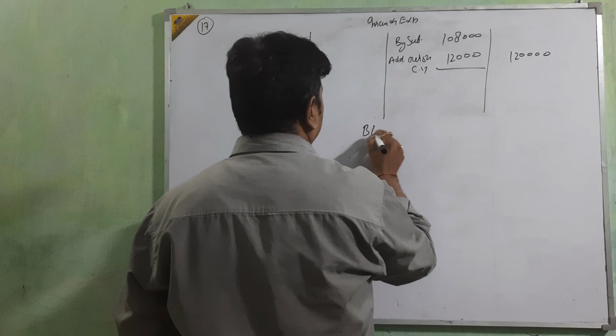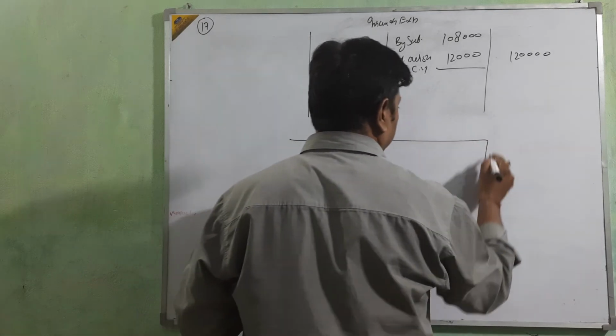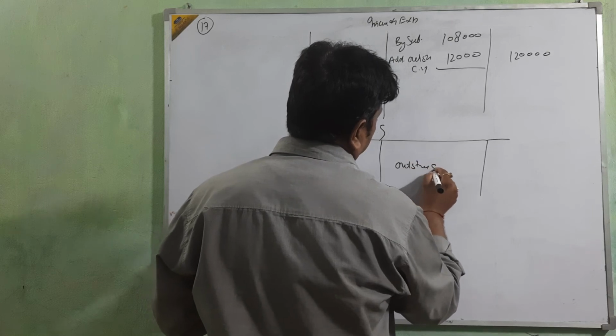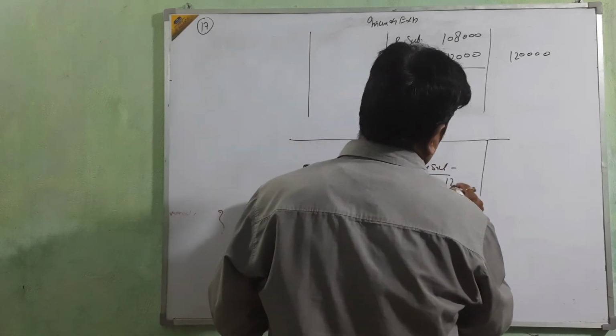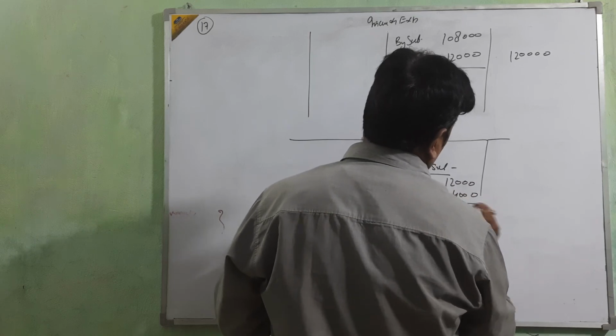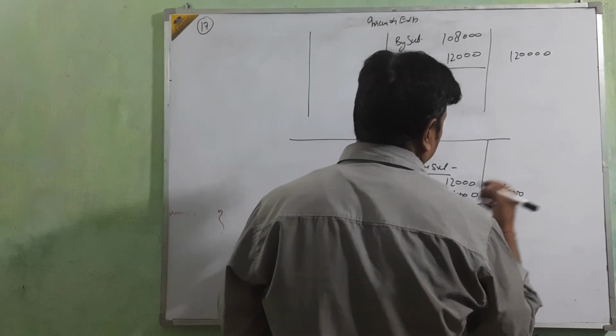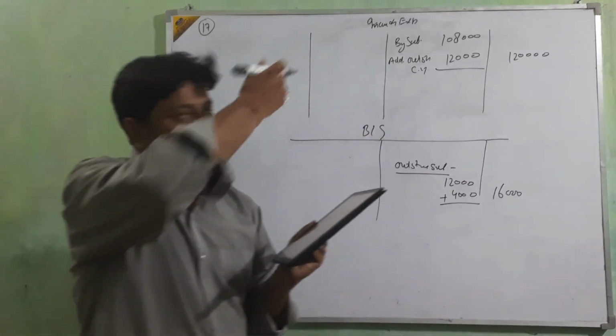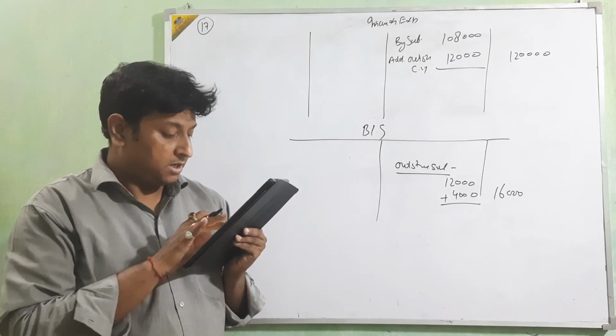Then balance sheet. Outstanding subscription 12,000 and 4,000 more, 16,000. From where did it come, beta? Just see, 12,000 you well know.